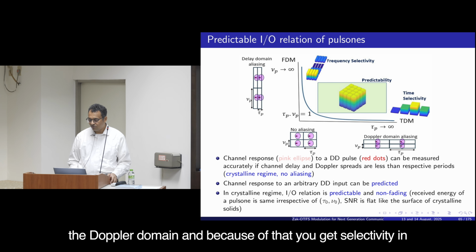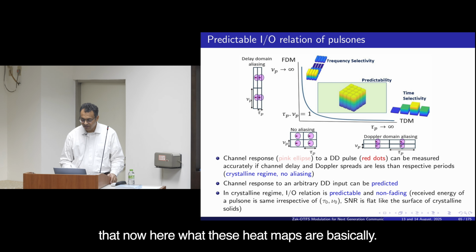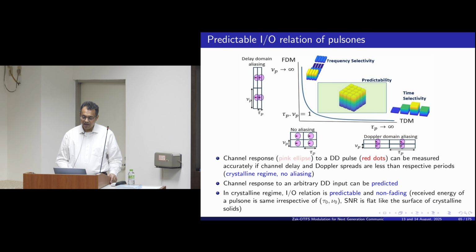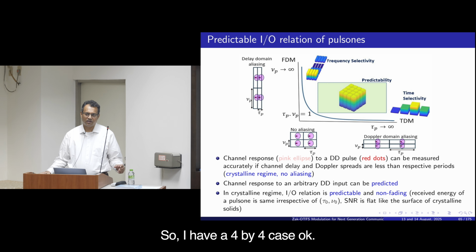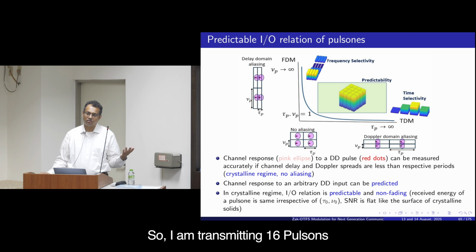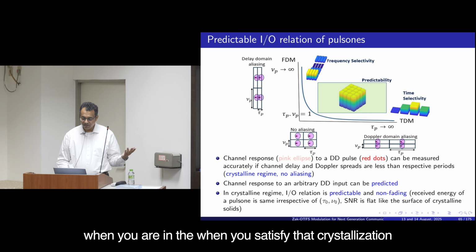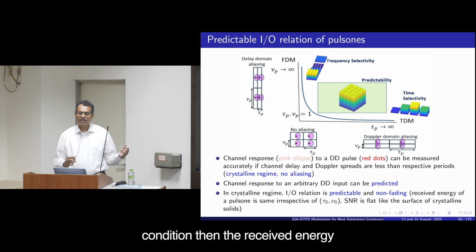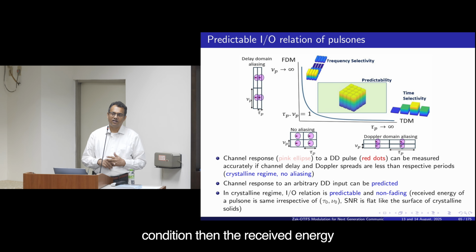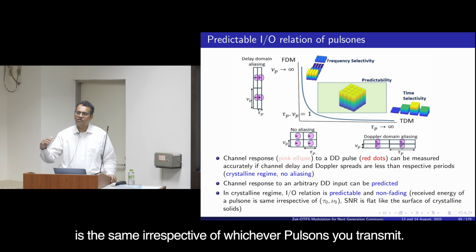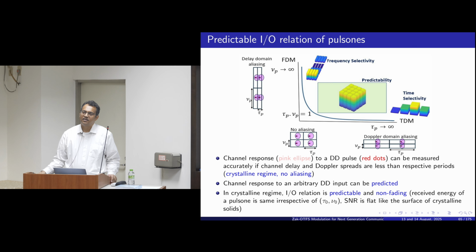And because of that you get selectivity along the delay, which means that now here what these heat maps are basically, I have a 4 by 4 case, okay. So, I am transmitting 16 pulsons. When you satisfy that crystallization condition, then the received energy is the same irrespective of whichever pulson you transmit.